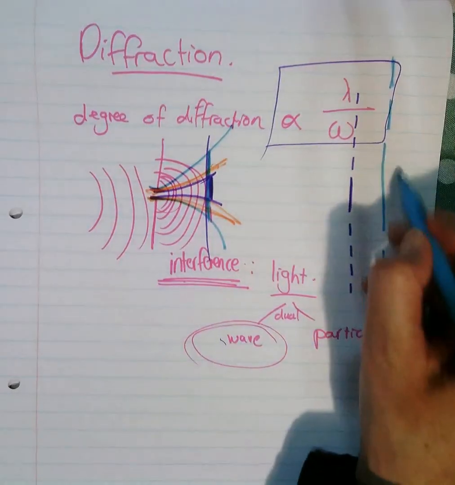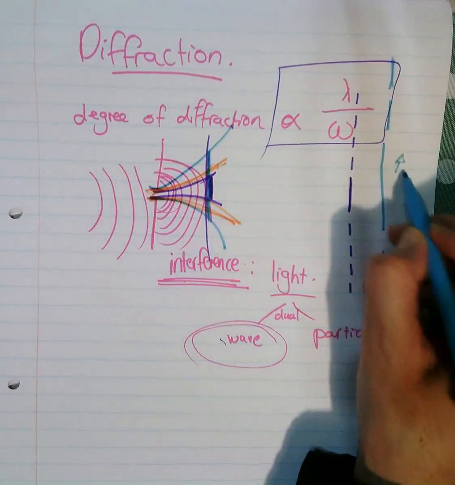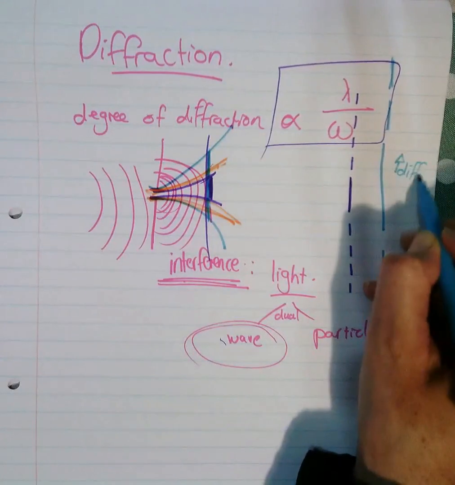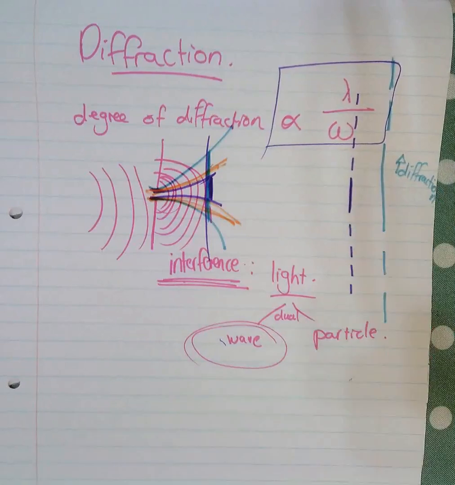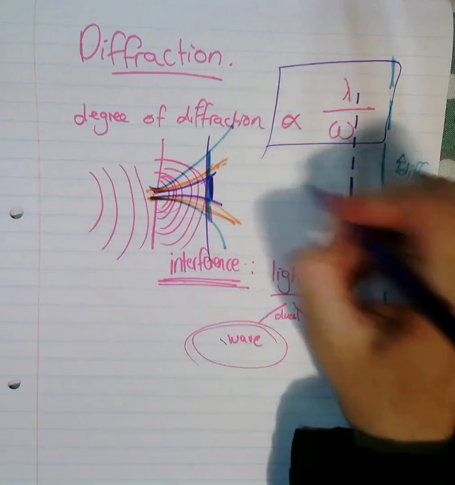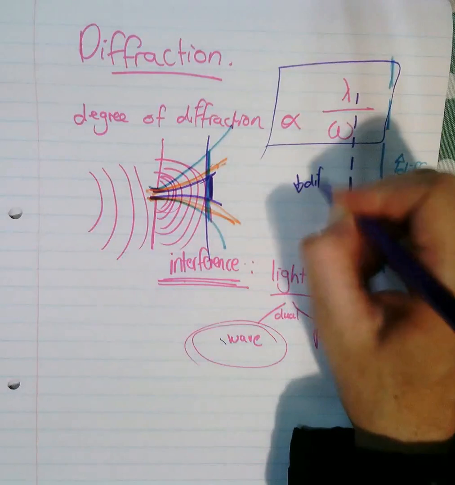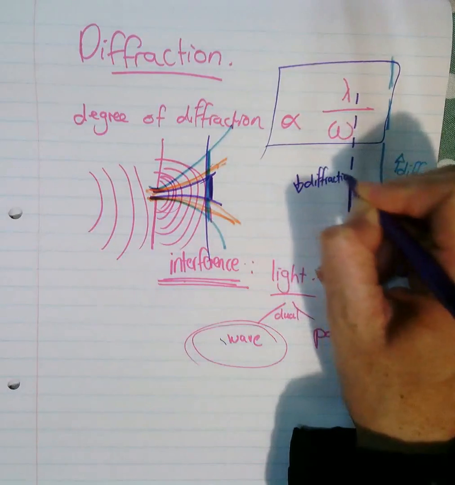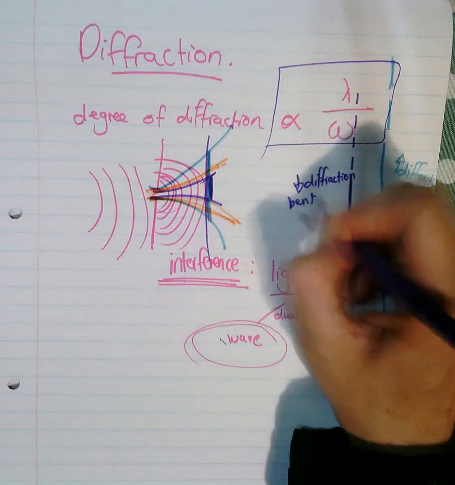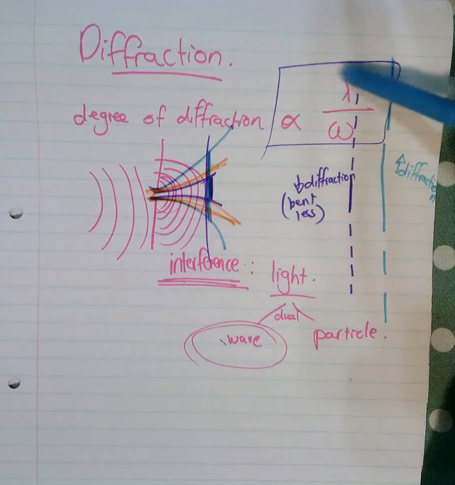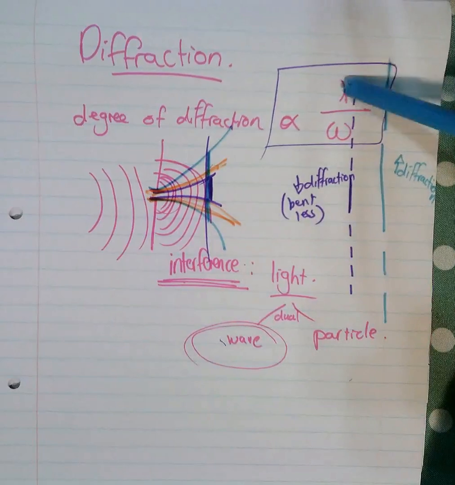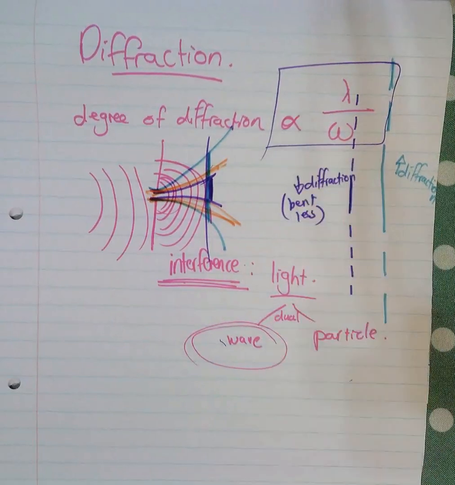Okay, so this one had more diffraction, it bent more, and the purple one had less diffraction, which means it bent less. Okay, so if we have a longer wavelength, then we're going to have more diffraction.